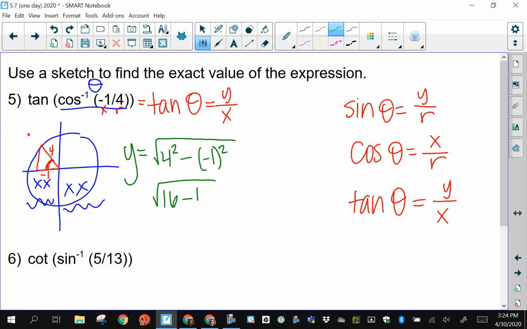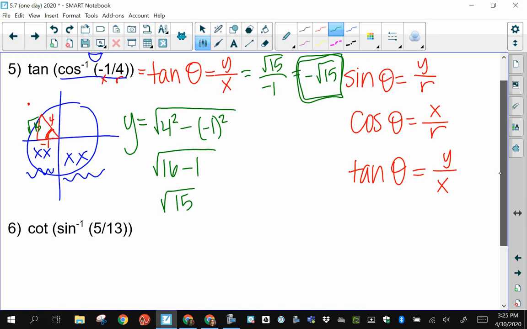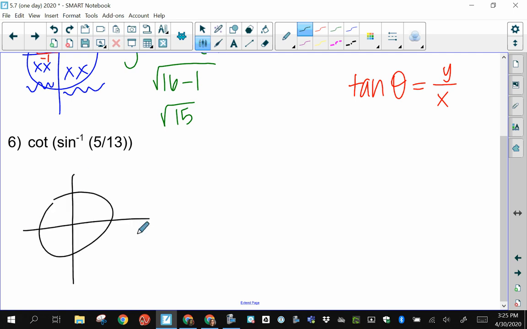So that's going to be 16 minus 1, or root 15, and it's positive. That's the y value. So root 15 over -1, which leaves my final answer as negative root 15. So I didn't actually have to identify the angle measure in radians to answer this question. So on these use a sketch questions, you're just going to draw a triangle in the appropriate quadrant. Let's do one more like that.